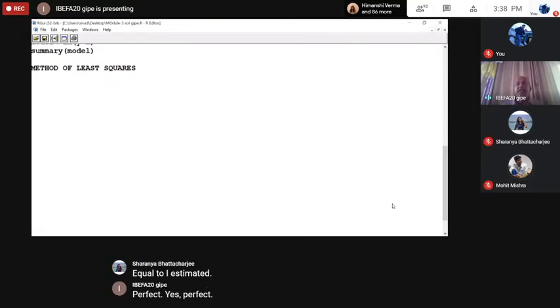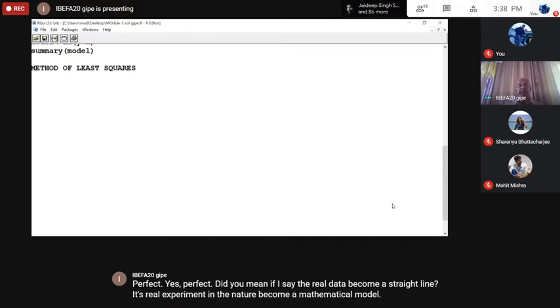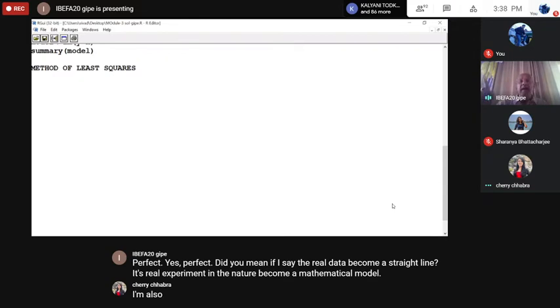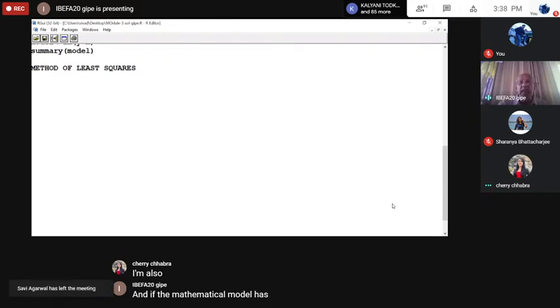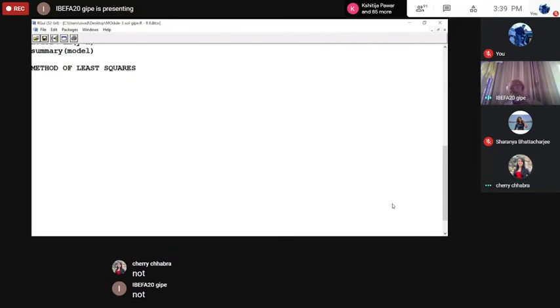Which means the real data become a straight line, that is, a real experiment in nature becomes a mathematical model. And if the mathematical model has zero error, forecasting the future will be 100% true.